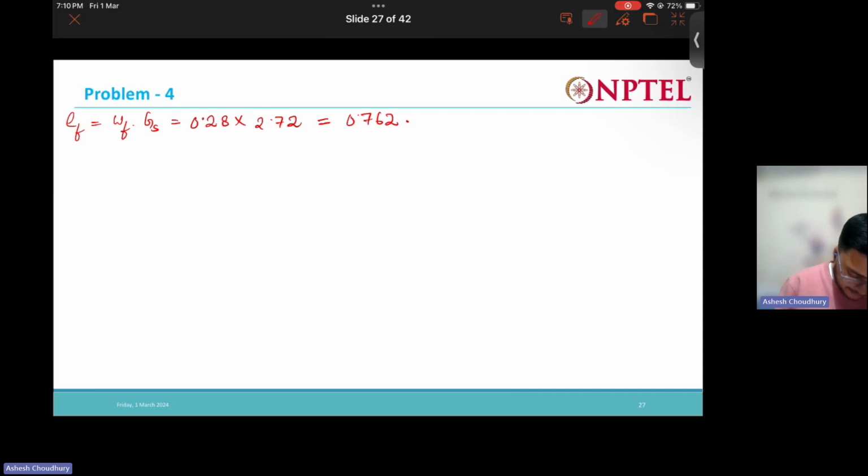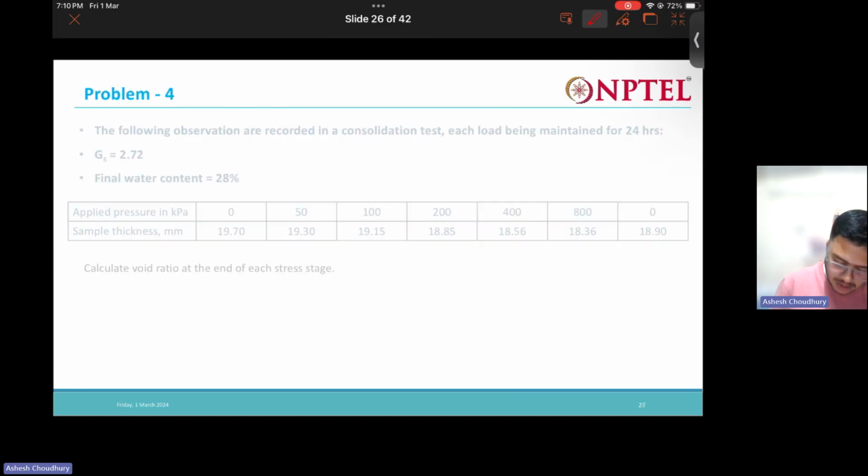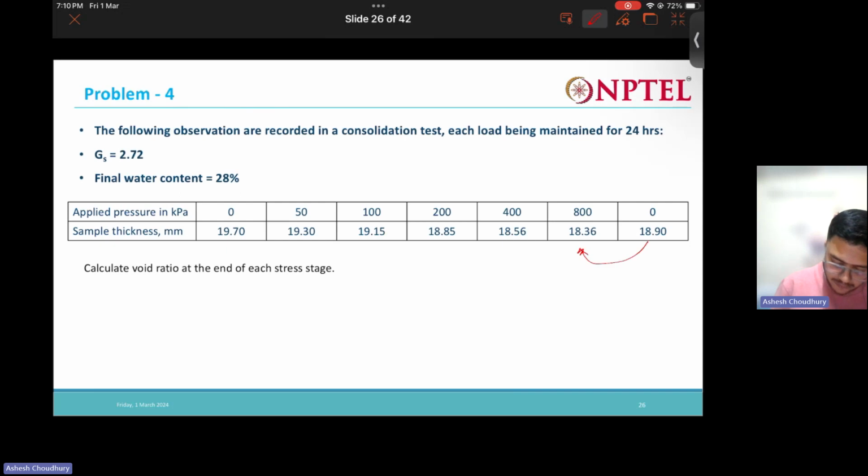Now let us see what we can do. Now delta H by HF we can write as delta E by 1 plus EF, right? So now what is delta H? Let us come from the end.